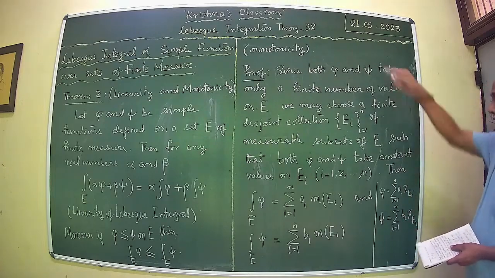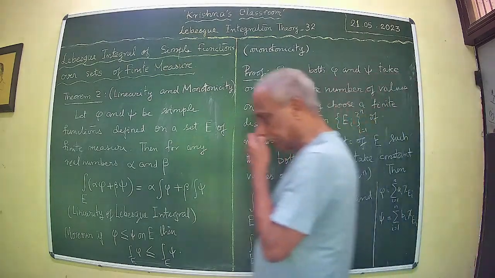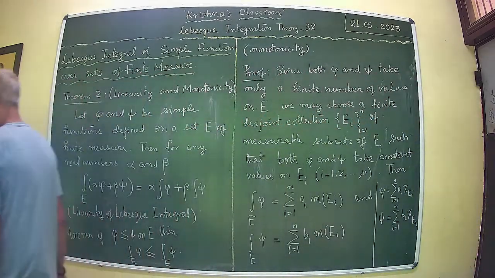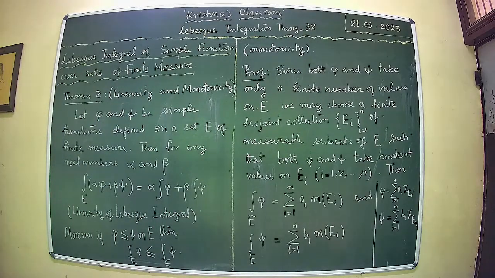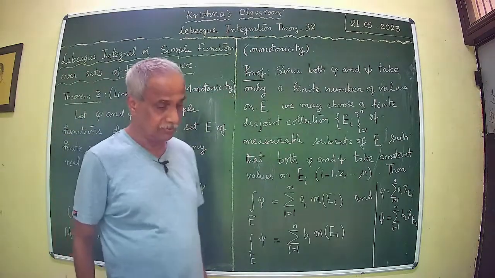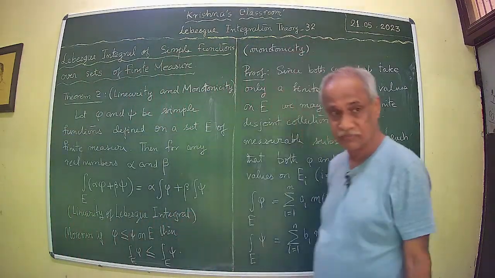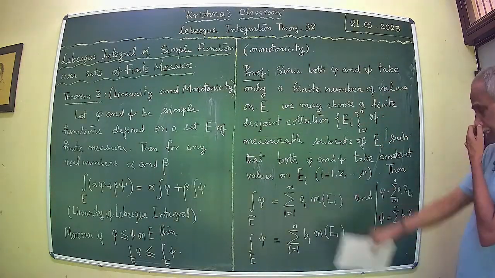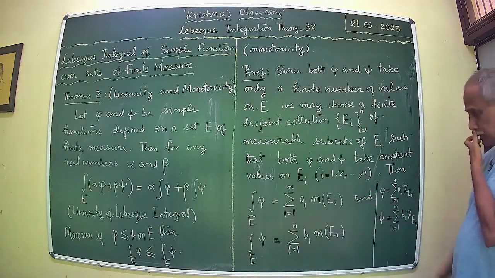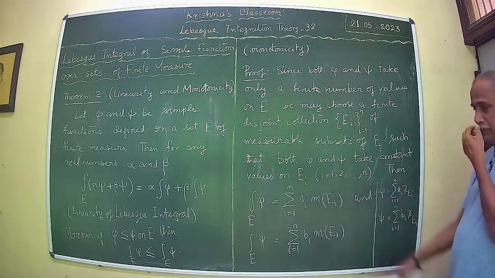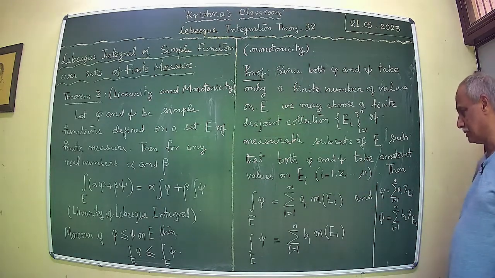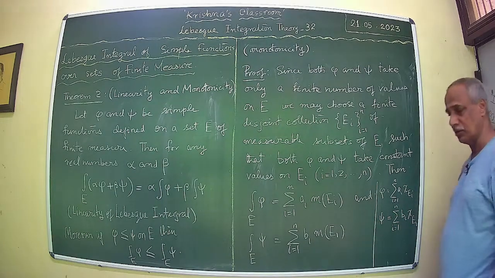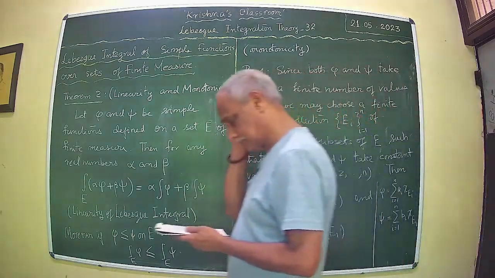Now you see you have reduced this to the case of theorem 1, and we can immediately write down the integral that we have already seen. Here we are not assuming that the a_i's are distinct, not necessarily distinct. The b_i's are not necessarily distinct.